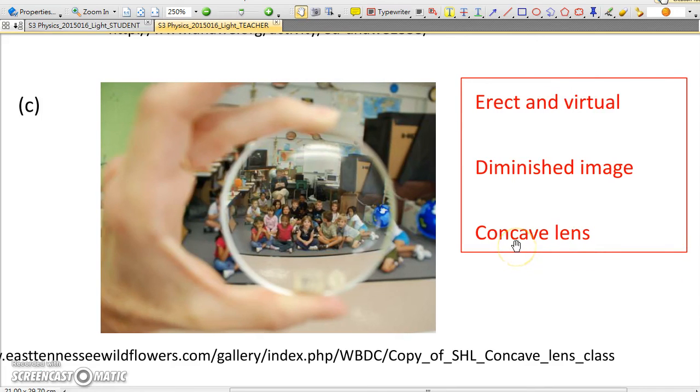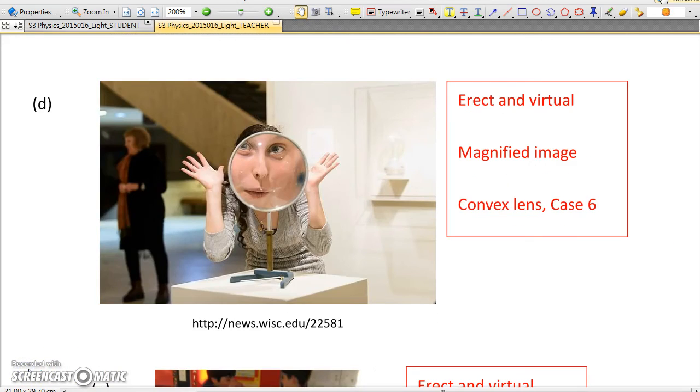And only a concave lens may produce an erect and diminished image. Picture D. It is an erect image, and all erect images are virtual. It is also a magnified image. Magnified images are only produced by a convex lens. This belongs to case 6.